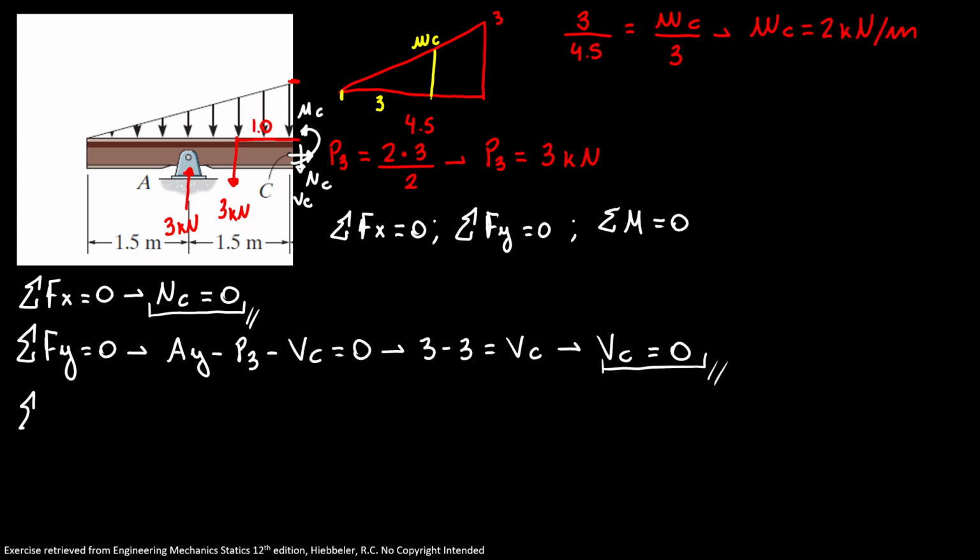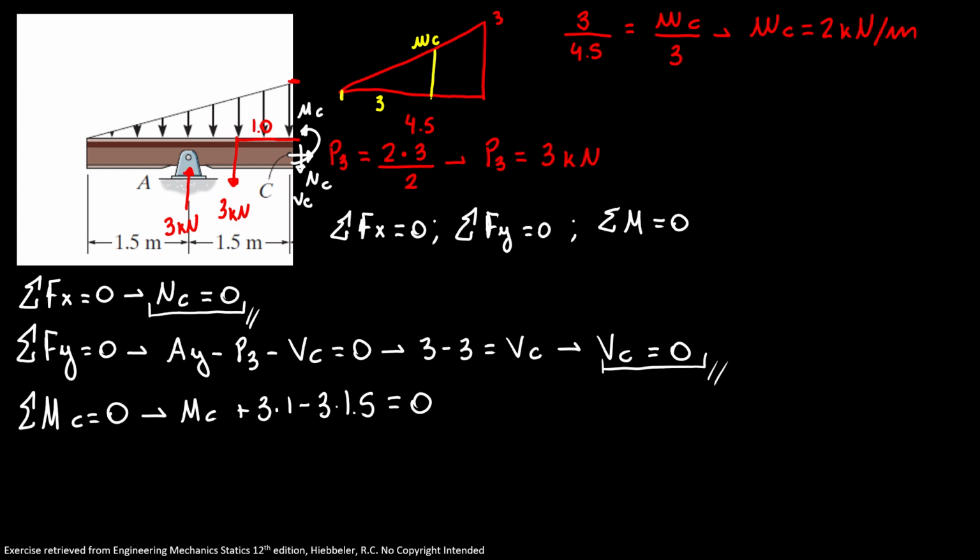Now, sum of moments about point C is equal to 0. We have MC that's going counterclockwise plus 3 times 1, that's our P3, minus 3 times 1.5, that's our AY, is equal to 0.